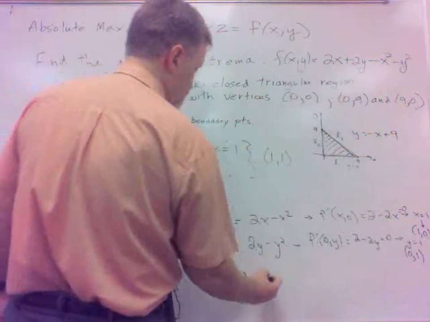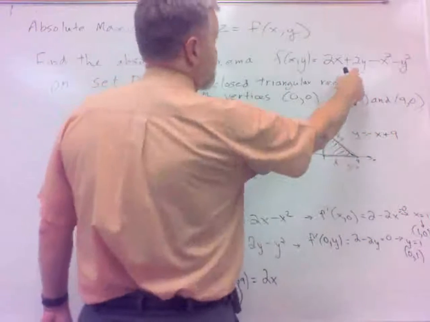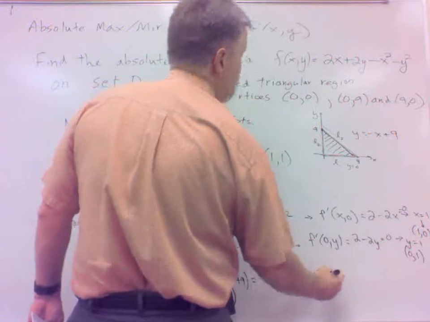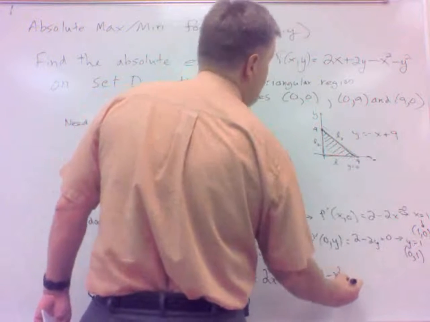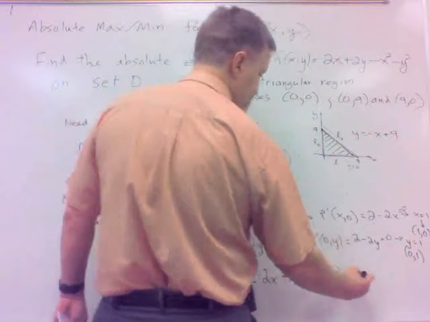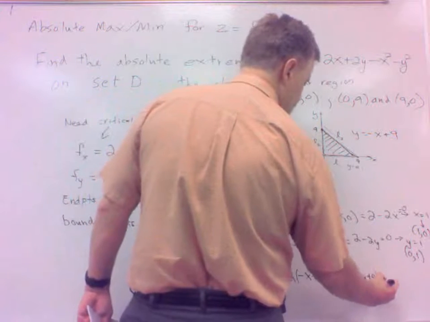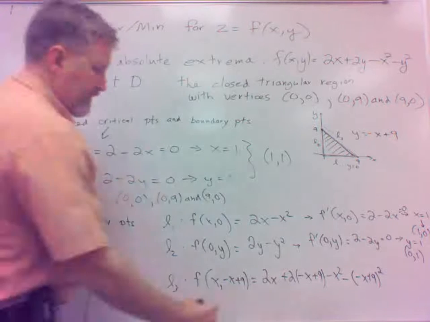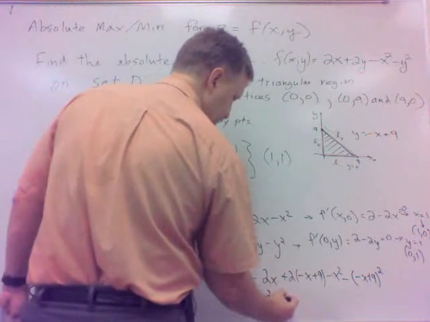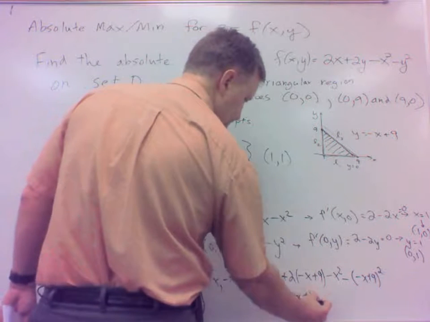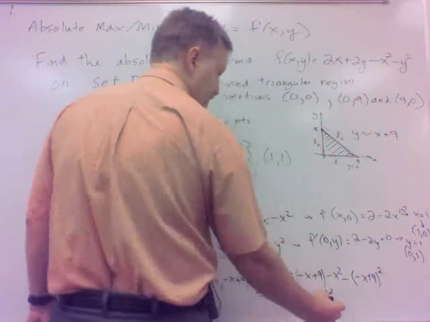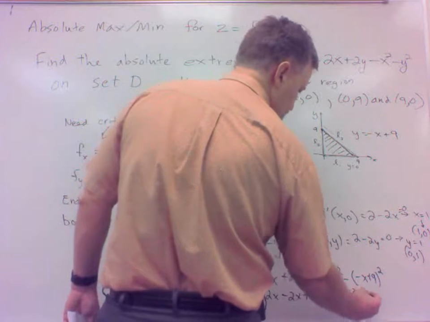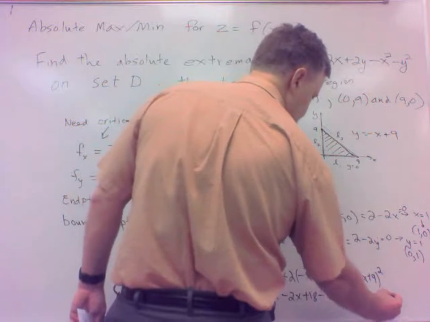So that would mean we have the function is 2x plus 2 times (negative x plus 9) minus x squared minus (negative x plus 9) squared. Which is 2x minus 2x plus 18 minus x squared minus, what, x squared minus 18x plus 81.